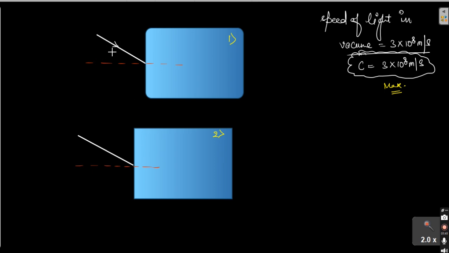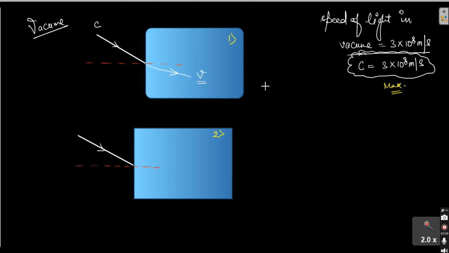Outside, in vacuum, the speed was C. As it enters this medium, the speed changes and it becomes V.